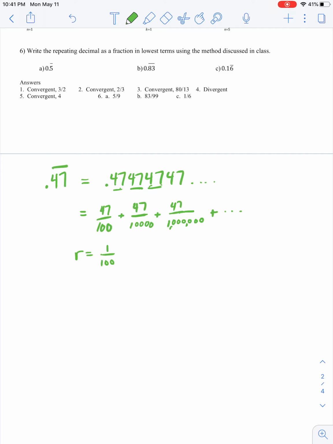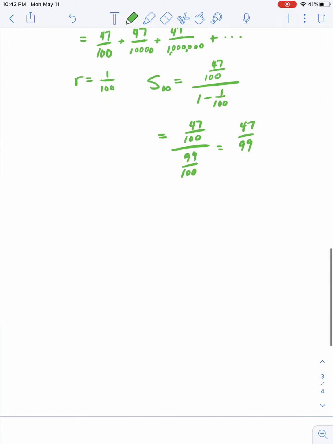So if this is really an infinite series, then the sum, as I add to infinity, is going to be the first term, which is 47 100ths, divided by 1 minus 1/100th. So that would be 47 over 100, and on the bottom, this would be 99 100ths. So this would be 47 99ths. So that's what that is as a fraction.